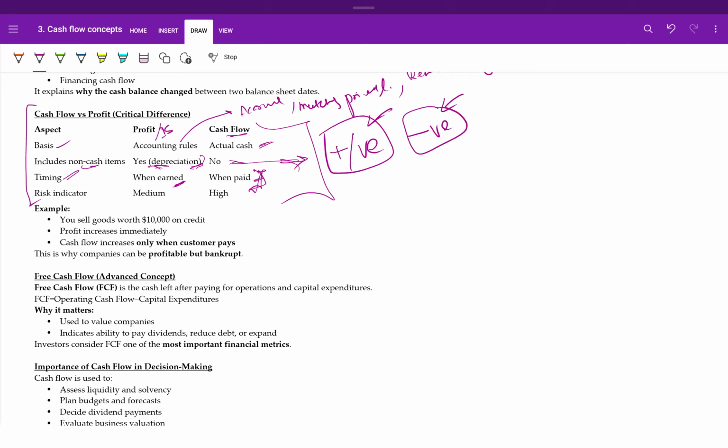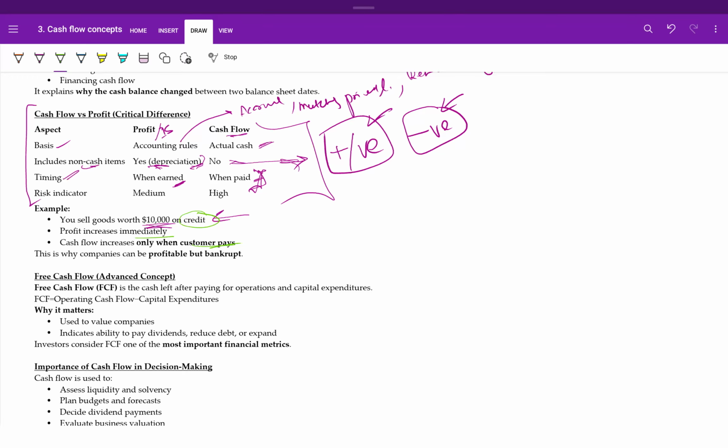Okay, so let's do an example here. Let's say that you sell goods worth 10,000 on credit. If you're selling something on credit, there was no cash inflow, but you will recognize the profit. Profit increases immediately. Cash inflow increases only when the customer pays, until your credit is actually converted into cash.